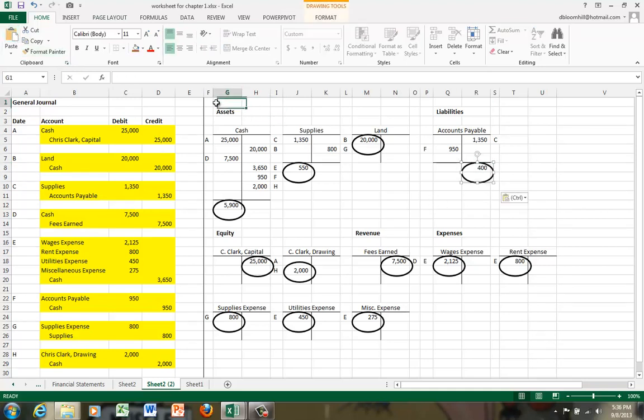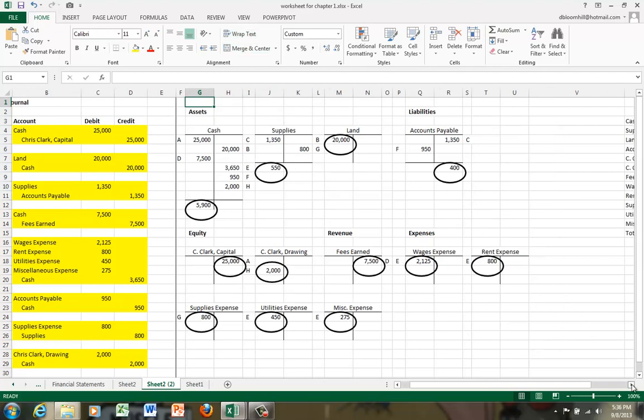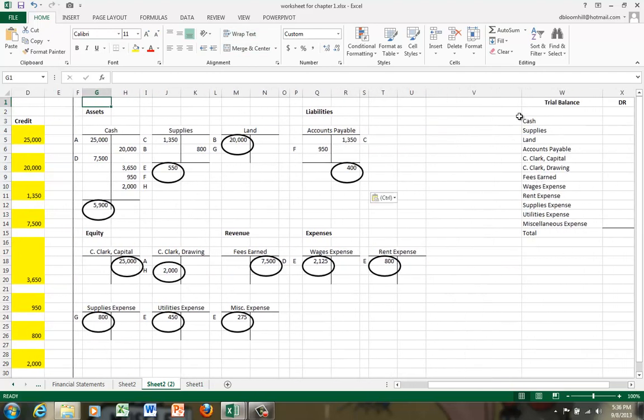So now we've got the ending balance in each one of the accounts that has been mentioned in the general journal. So I hope I didn't go too fast. I hope you're understanding. Now we only have one final step in the process, which is to prepare our trial balance. Our trial balance is a listing of all of the accounts in our general ledger.